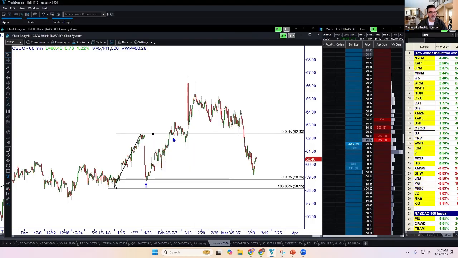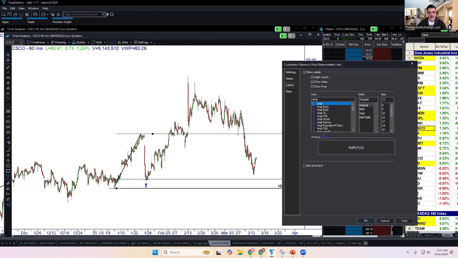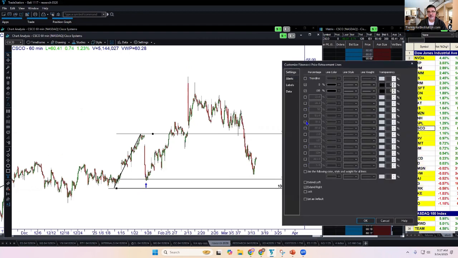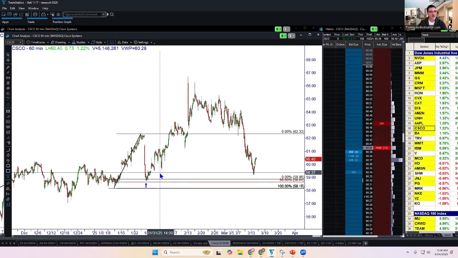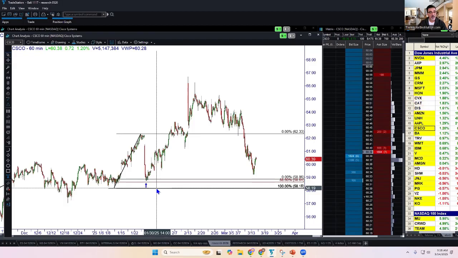Very often the 88.6% retracement, which is the square root of 0.786, that Fibonacci retracement, is a very strong place where we often see price bounce. Now, the area of the Fibonacci retracement is important.